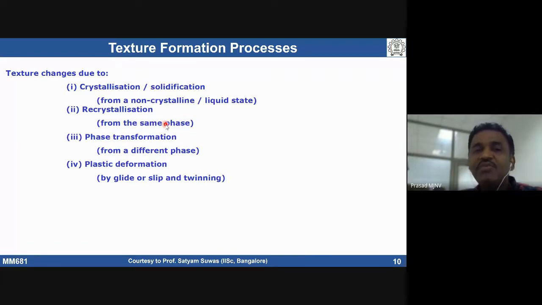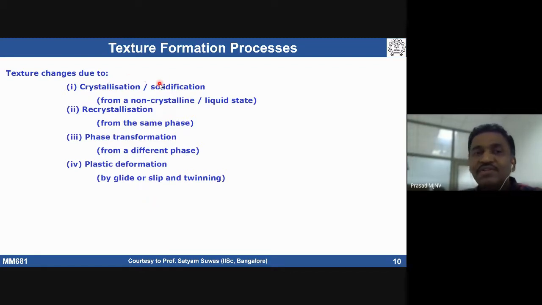If a deformed material undergoes recrystallization, that can also change the texture of the material. Phase transformation from austenite to ferrite can give a change in texture. And plastic deformation, slip and twinning activities, can induce texture change in the material. Apart from these four, we also talk about thin film deposition, electrode deposition, some kind of process can also induce texture in the material.